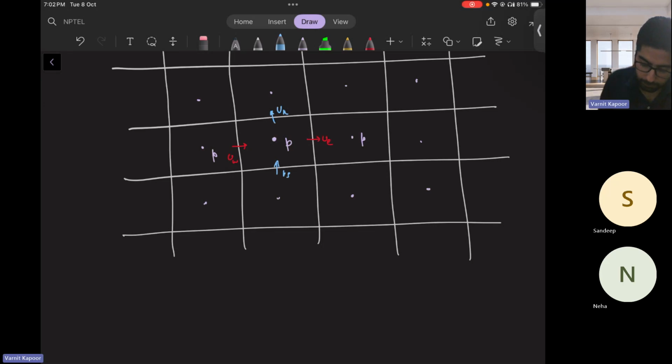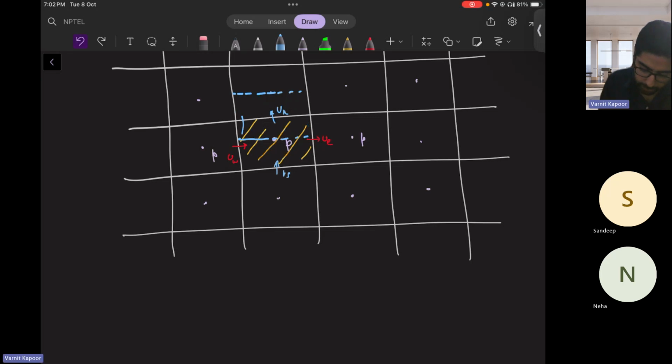If you observe, for pressure our control volume is this. Whereas for the velocity, the control volume will be like this. This is a y velocity.